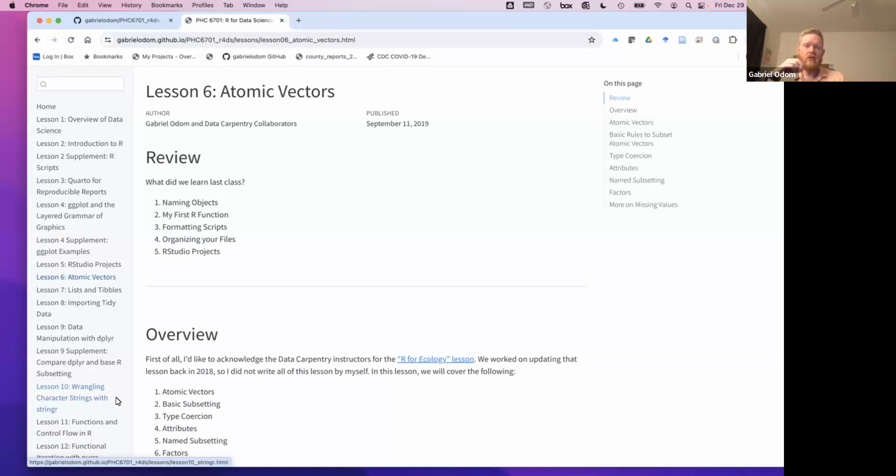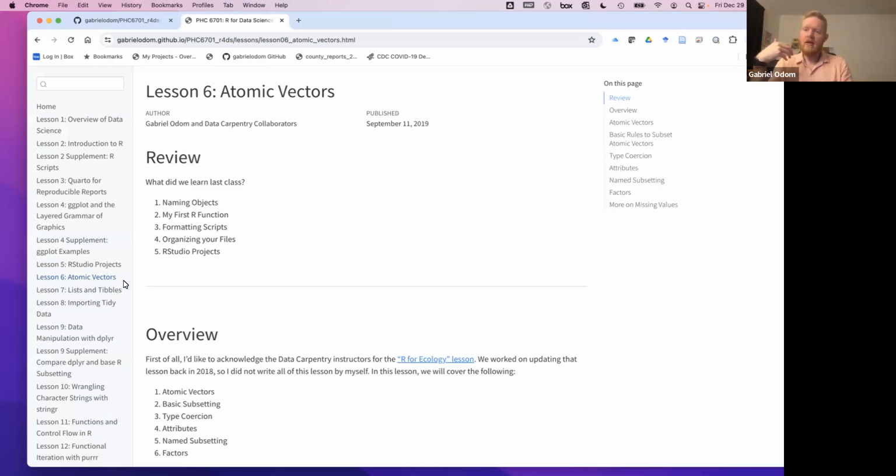So I want you to understand that this lesson, lesson 6 and lesson 7, and also lesson 11 later. I think lesson 11 is probably conceptually the most challenging material in the course, but lessons 6 and 7, I'm hoping that the way that we cover it is not confusing.